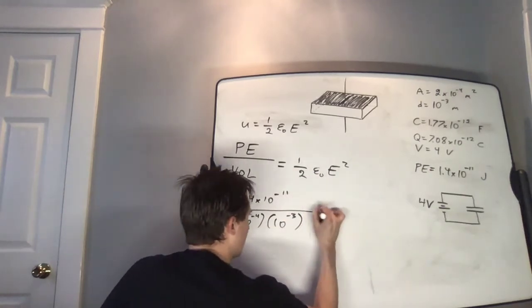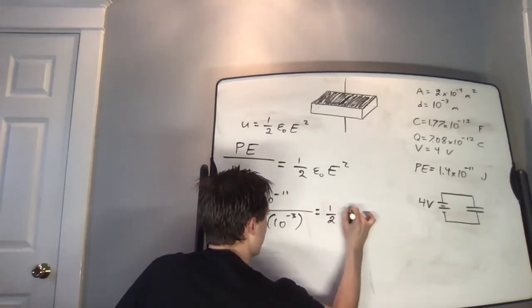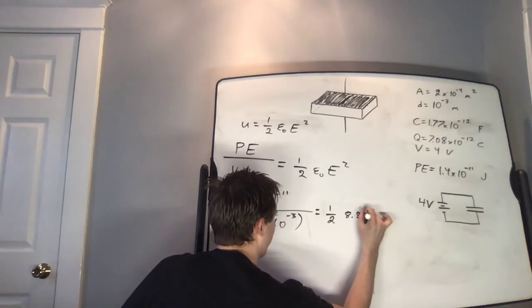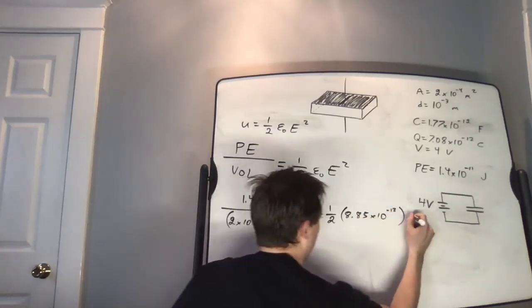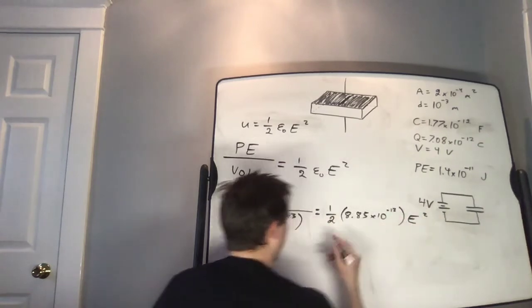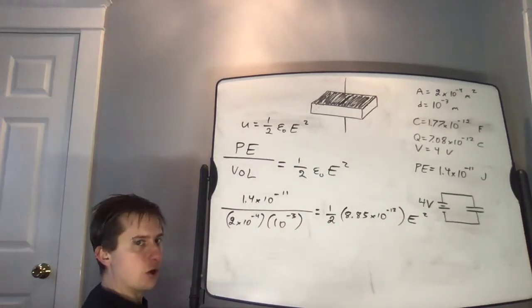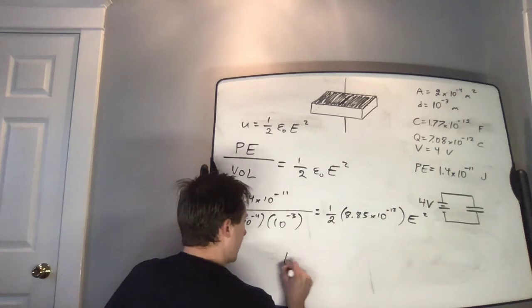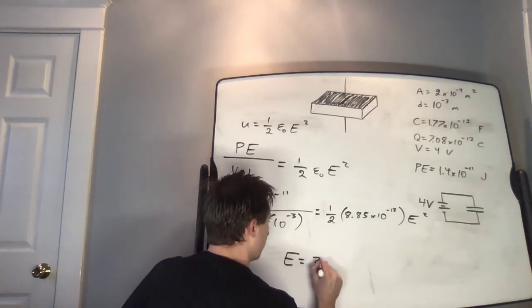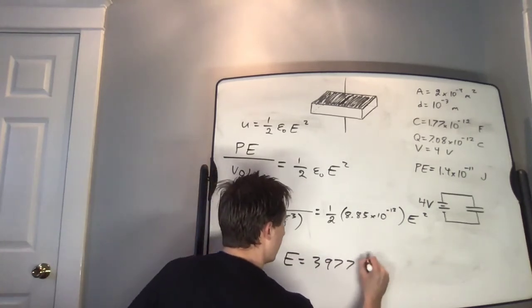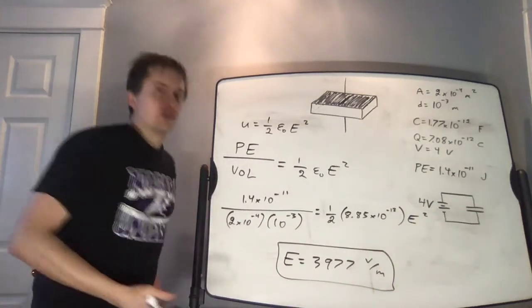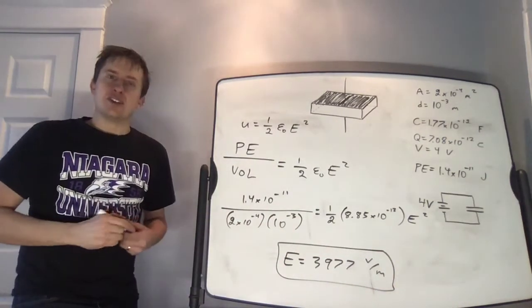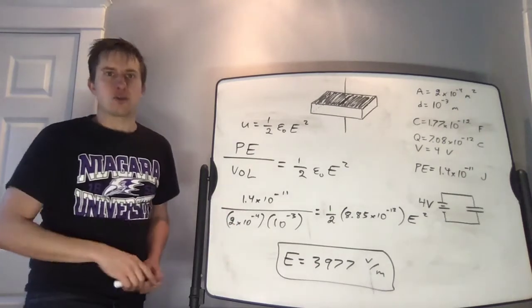And then I set that equal to 1/2 times epsilon naught, 8.85 times 10 to the negative 12, times the strength of the electric field between the plates squared. I then could go ahead and solve for the strength of the electric field, and I find E is equal to 3977 volts per meter, which is basically the same result we found previously. The slight difference is just due to rounding.